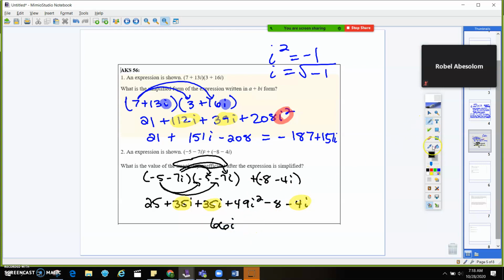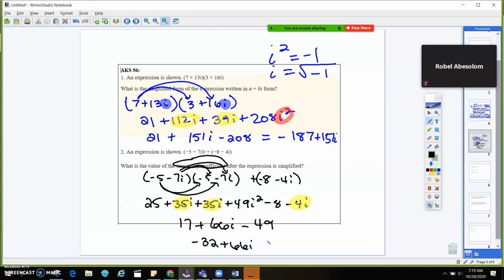And then we also have 25 minus 8, which is going to give me 17. And we've got this i squared, which is going to be -1. So we're going to subtract 49. So we've got 17 minus 49, which is going to give me -32 plus 66i.